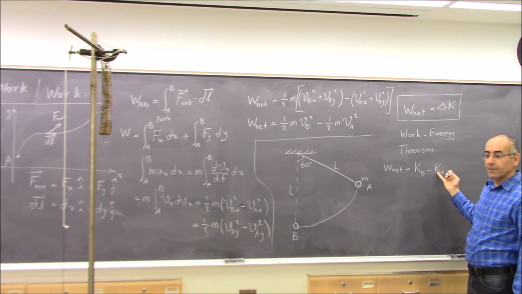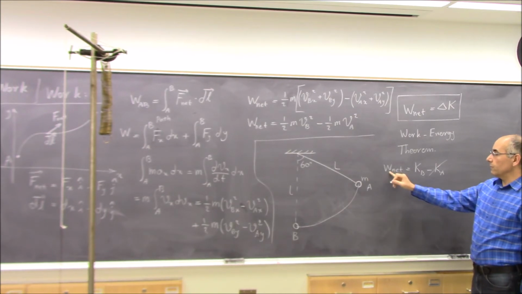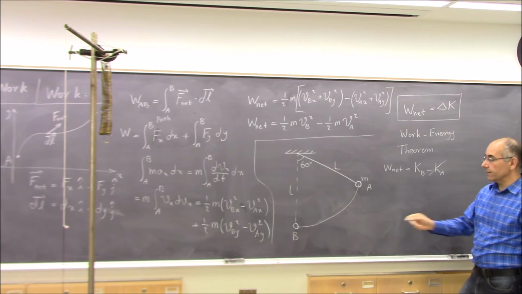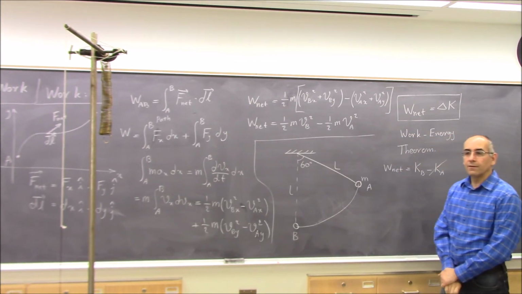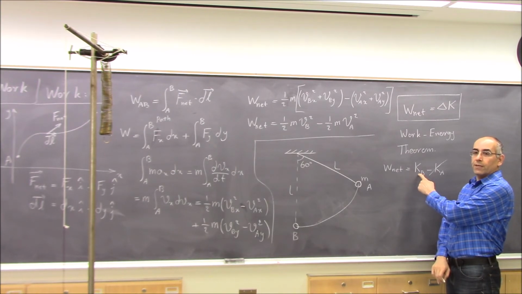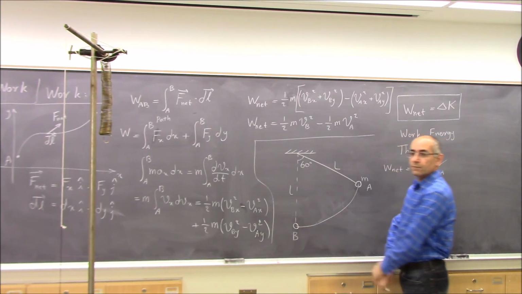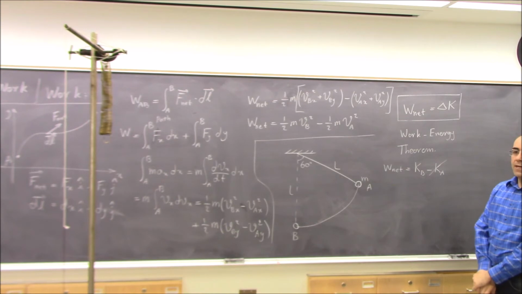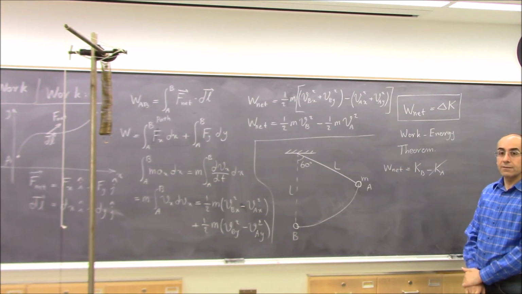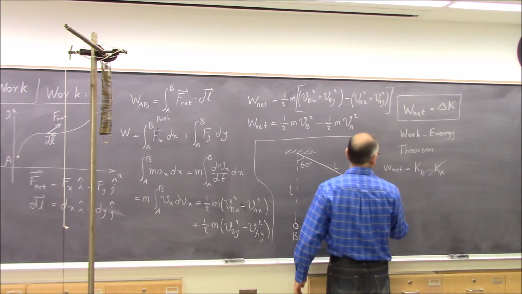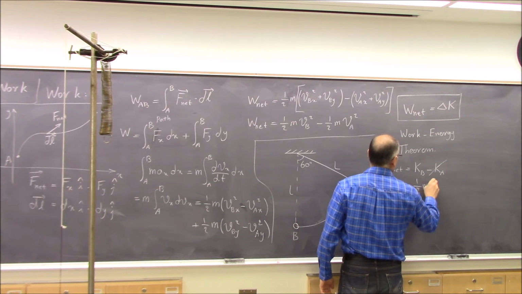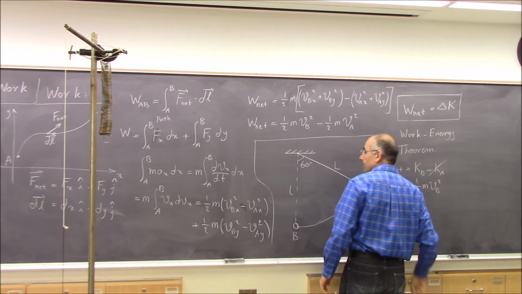So the net work acting on this ball is equal to the final kinetic energy here, one-half m v squared, meaning V at this point squared. So W net is only equal to one-half m V_B squared.